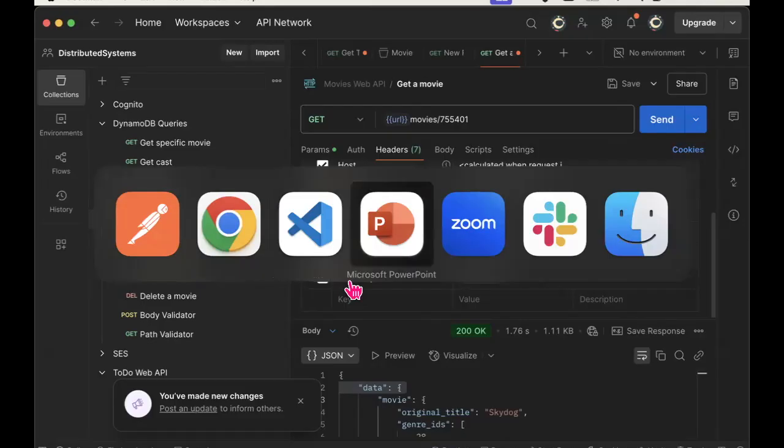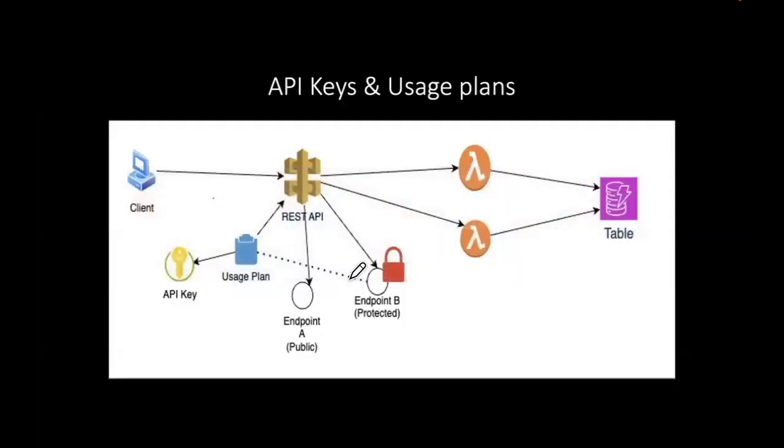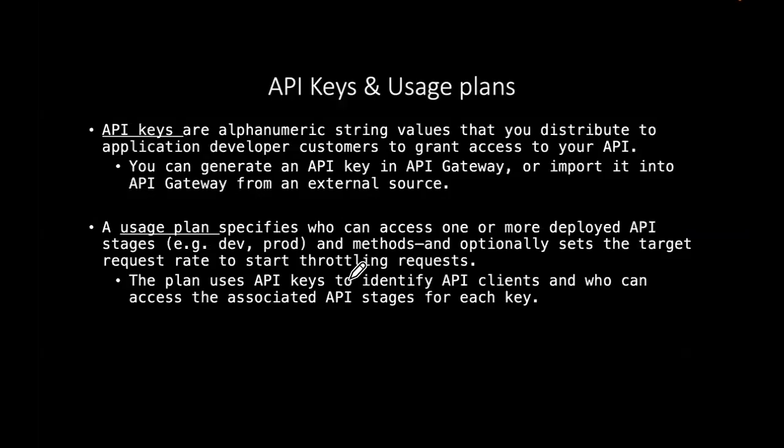Okay, if I go back to here, these two slides, whether they're of use to you or not, are just at the end of the slide set that deals with API gateway.